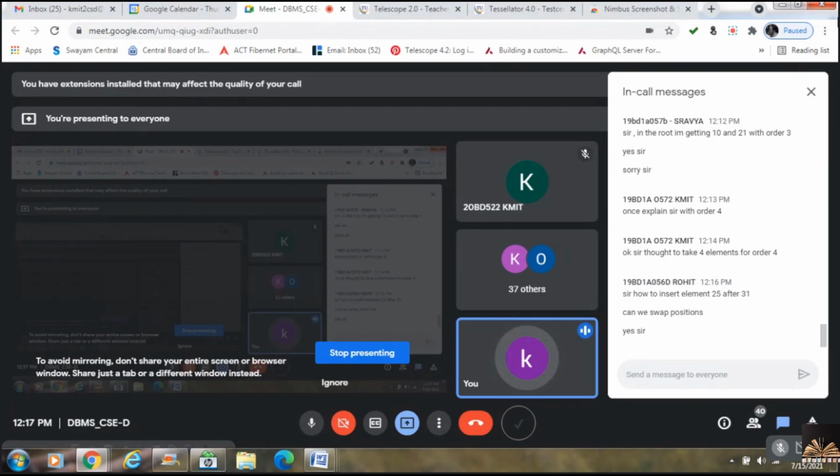Okay, if splitting is there, place 25 in its proper position in the node where 31 is there, and then find the middle element. Then you push it to the top.